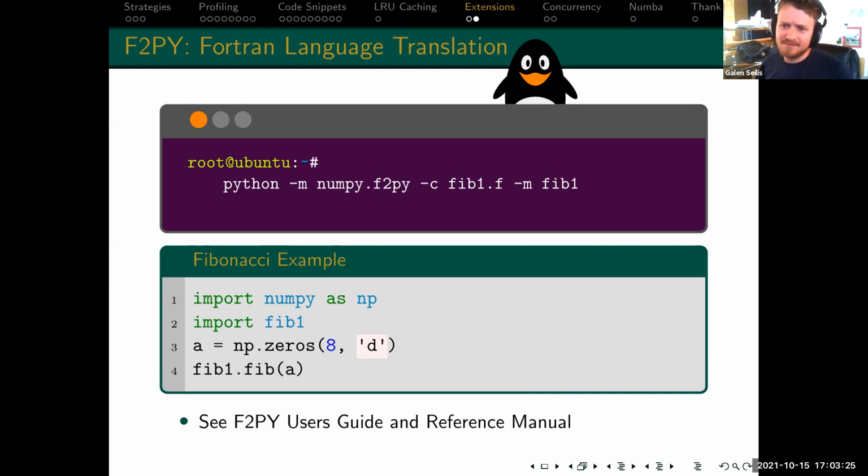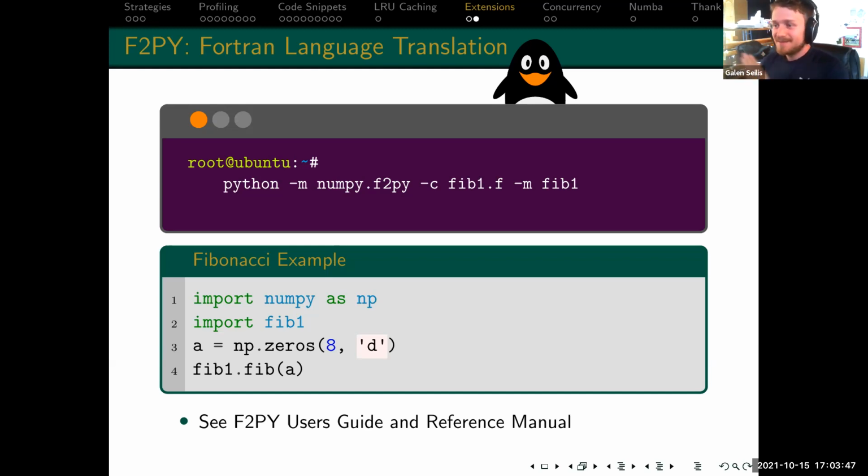The convenience of this is it's one command line. And then if you go into Python, you can just import it. Import fib1, you have to build an array to pre-specify the size of it. But then you can call your Fibonacci subroutine just by going fib1.fib on your array, and it will fill that array with the Fibonacci sequence for 8 elements.